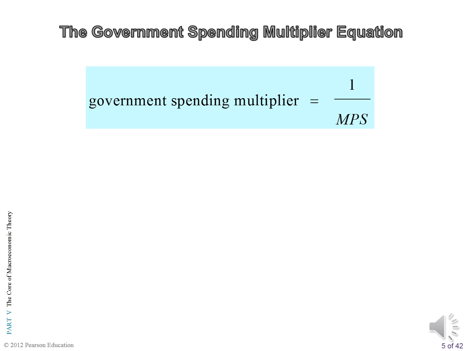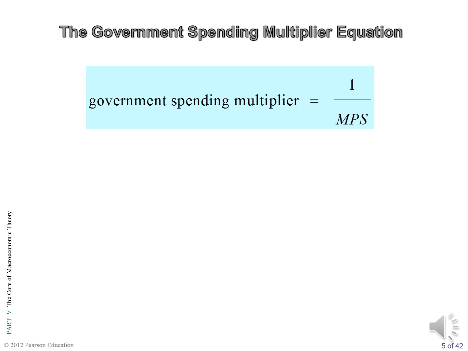Do you remember what it equaled? We derived it last lecture. It equaled 1 over marginal propensity to save, or 1 over 1 minus marginal propensity to consume. So I get the government multiplier exactly as I got the investment multiplier: 1 over marginal propensity to save.